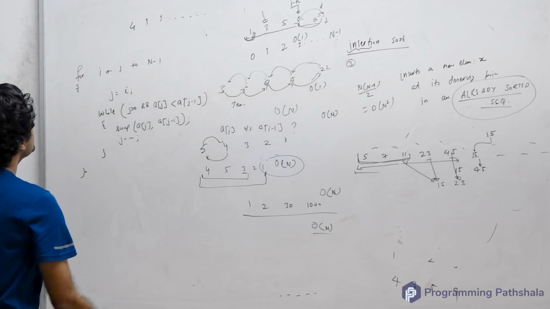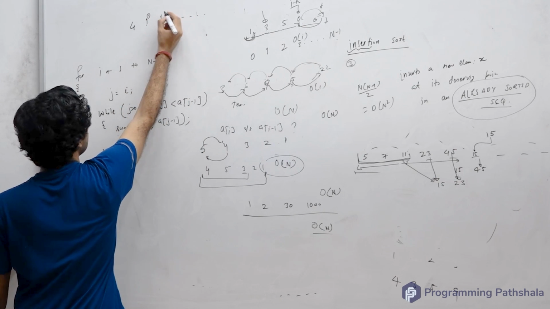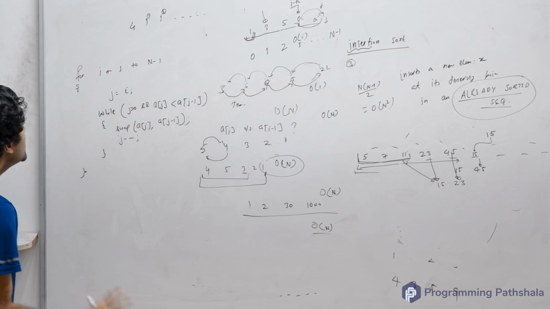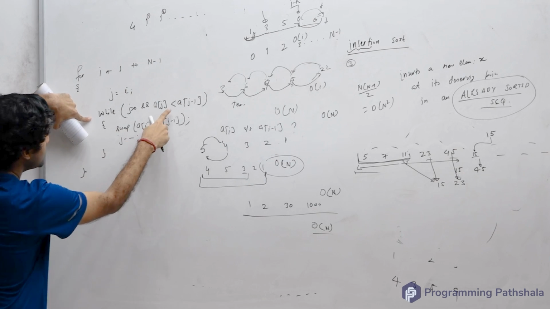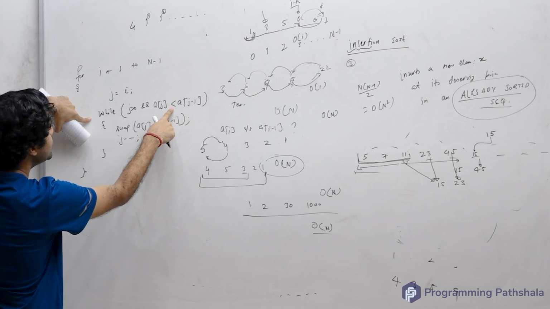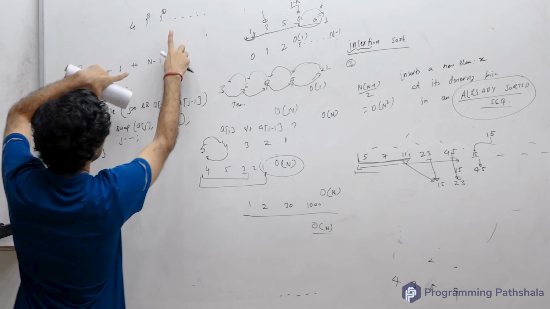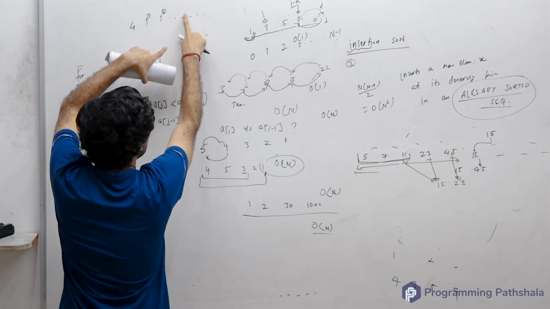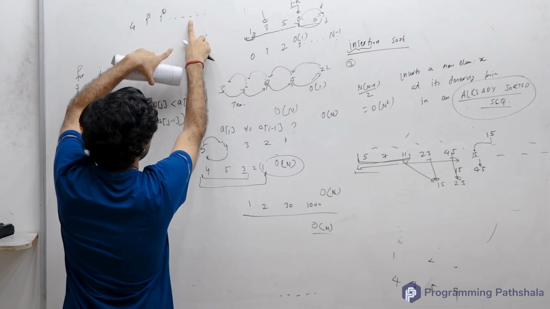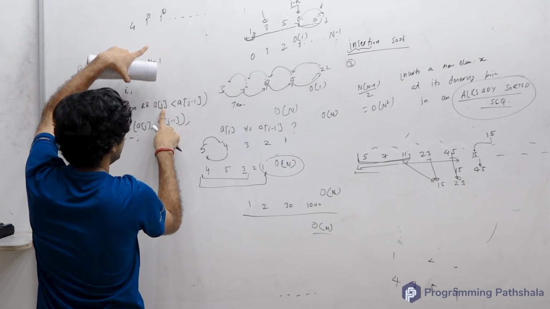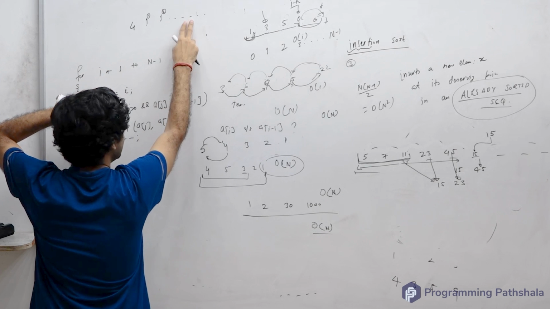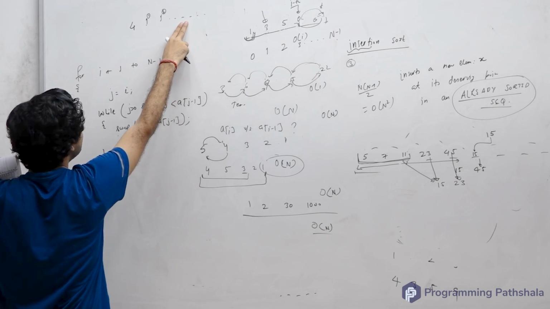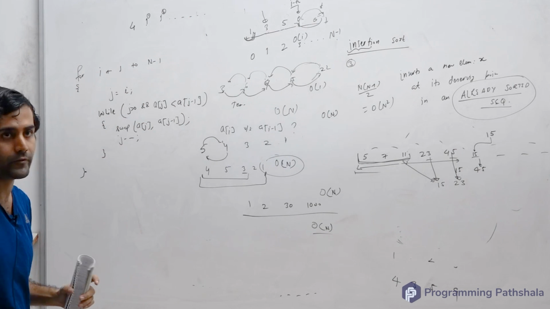So let's say this was your first occurrence of 1, this was your second occurrence of 1. So what is this algorithm doing? The condition over here says that if this jth element is strictly smaller than your left neighbor, then only you perform that swap. If there is an equality, then the swap will not be performed.